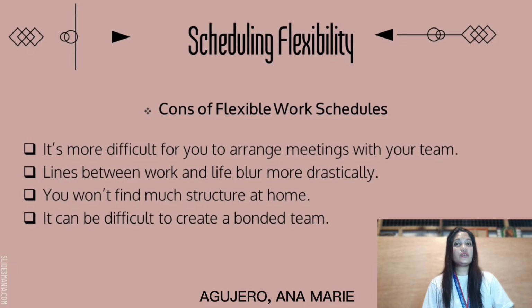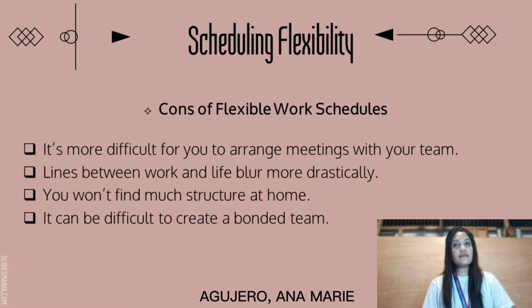Number 3 is you won't find much structure at home. If you are working remotely, there's very little structure. With that freedom to take breaks, you might suddenly find you're getting very little done. Working remotely often requires more focus and discipline than working in an office.